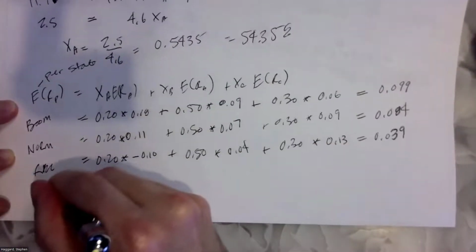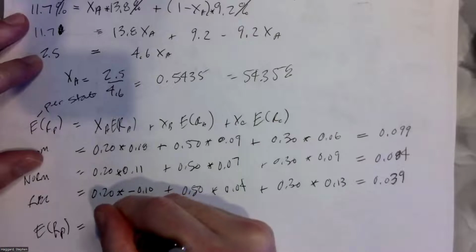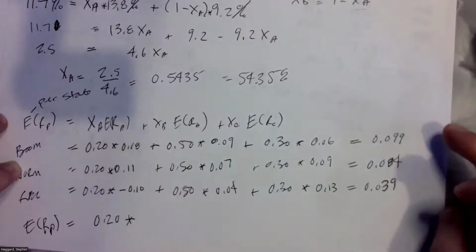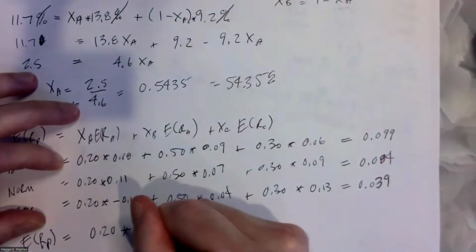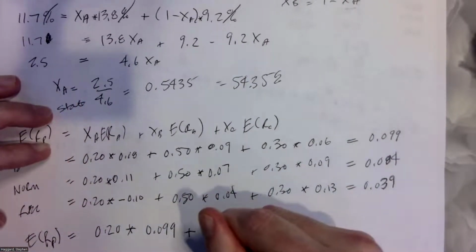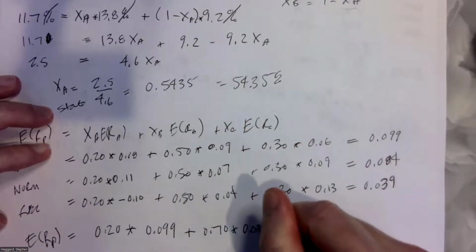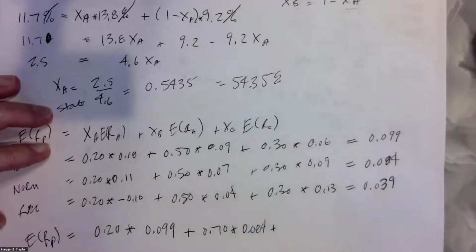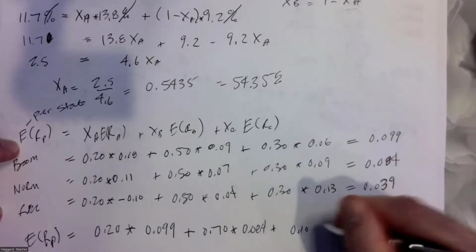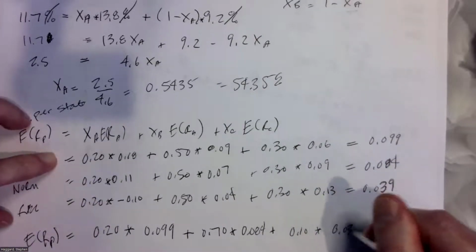I'm going to go: expected return of the portfolio is equal to the probability of the boom, 0.20, times the expected return in a boom, 0.099, plus the probability of normal is 70%, and the return in normal times is 0.084, plus the probability of this last one is 0.10 times the return in that state, 0.039.